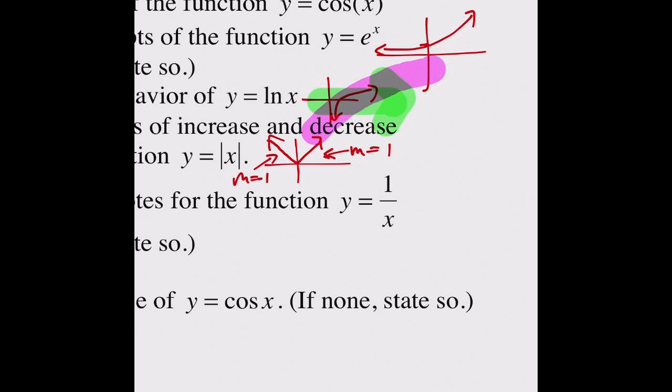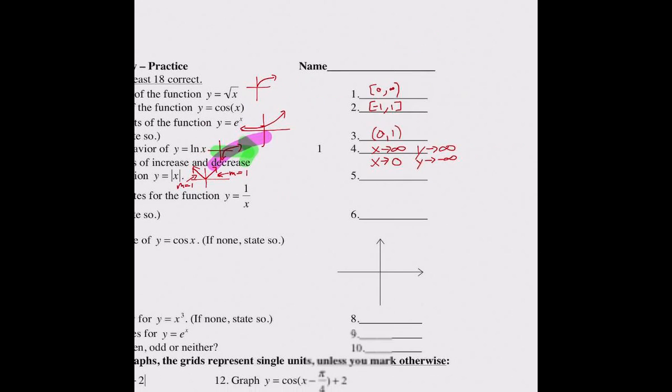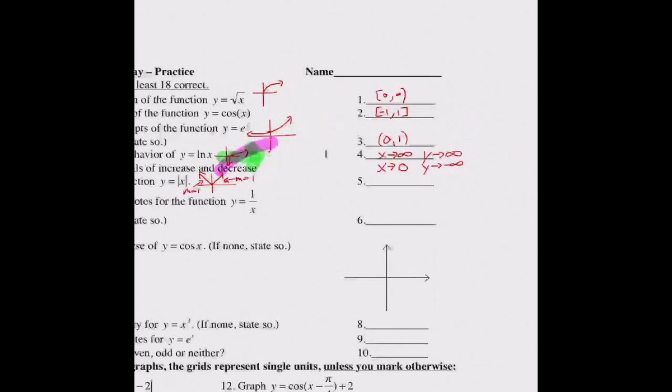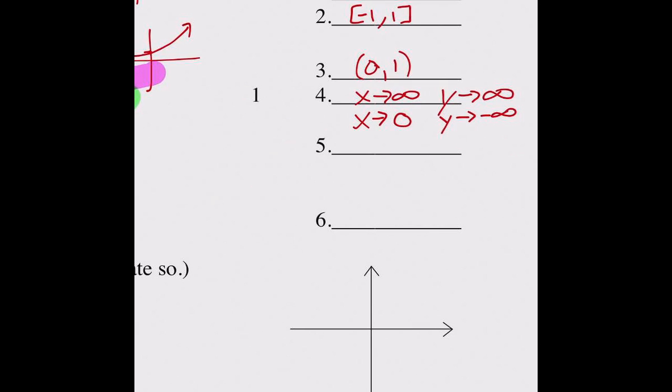It's just one has a slope of 1, the other has a slope of -1. Increase and decrease, it's increasing on the right and it's decreasing on the left, but we would say, more specifically, it's increasing on the interval 0 to infinity, and I'm going to put a bracket on that. From 0 to infinity, and that's decreasing on the interval from negative infinity to 0. Cool?